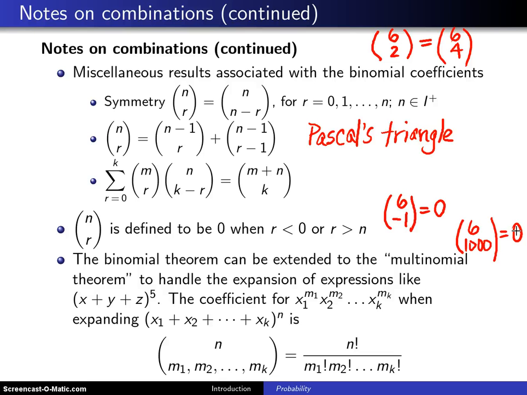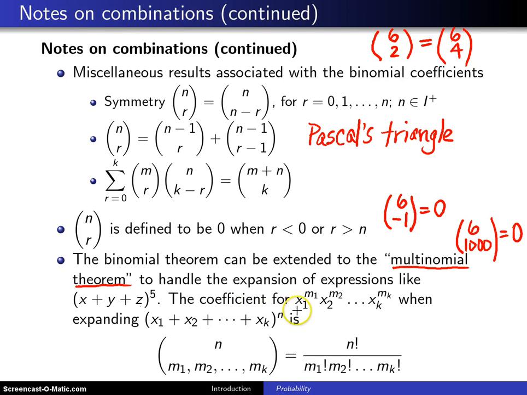Finally, the last one, the binomial theorem can be extended to a multinomial theorem to handle the expansion of expressions like x plus y plus z to the 5th. So the binomial theorem handled x plus y raised to the 5th power, but if you want x plus y plus z raised to the 5th power, then you want to know what is known as the multinomial theorem.